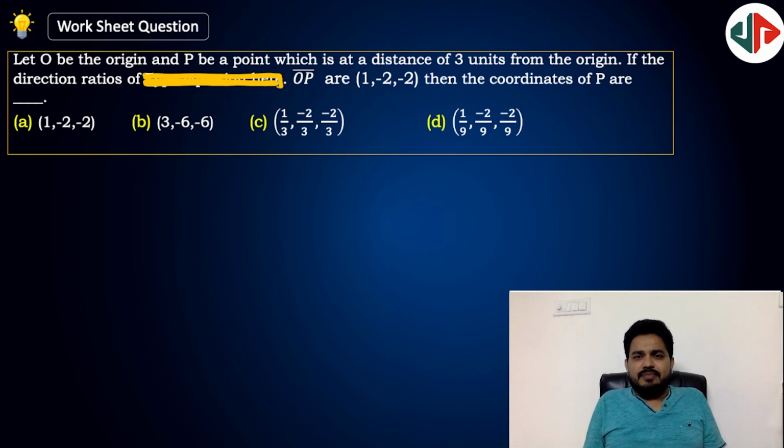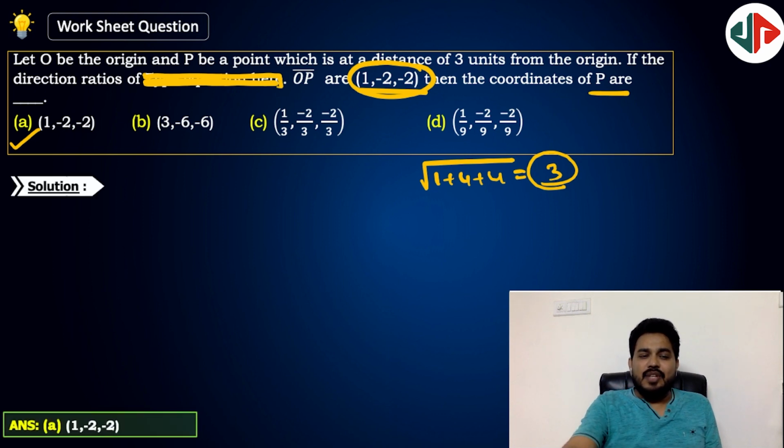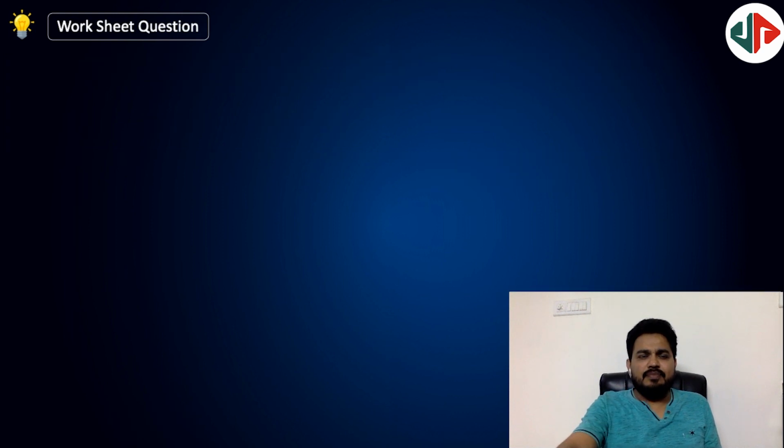Direction ratios of OP. Maybe one thing I can tell you just looking at this: this is the point which is how many units away from the origin? Root over 1 plus 4 plus 4 is equal to 3 units away. So the P coordinates, because P is 3 units away from the origin, should be this one only, but something is missing here.